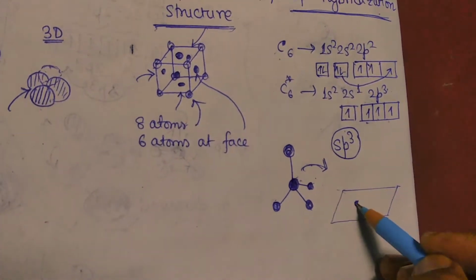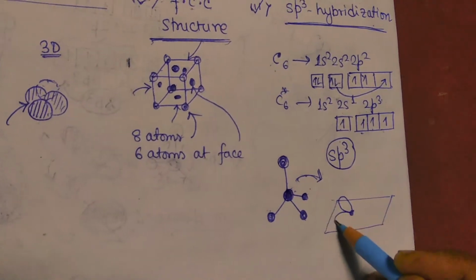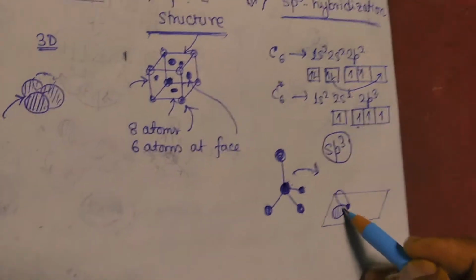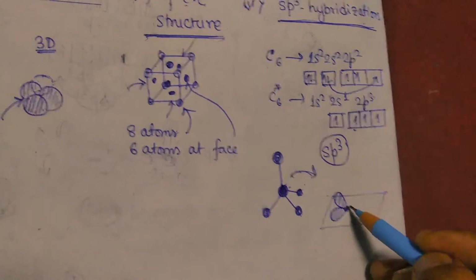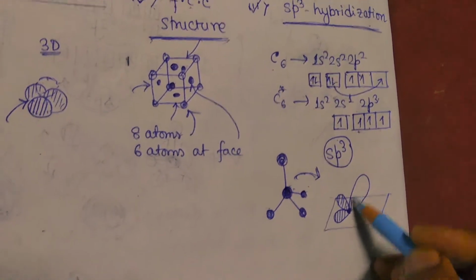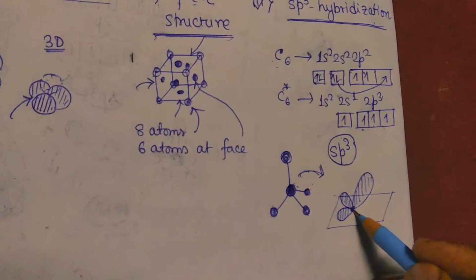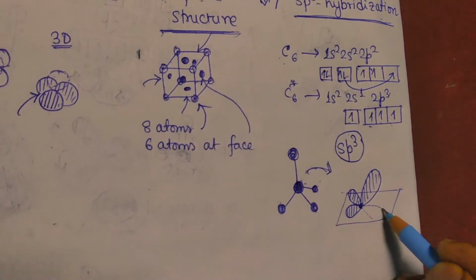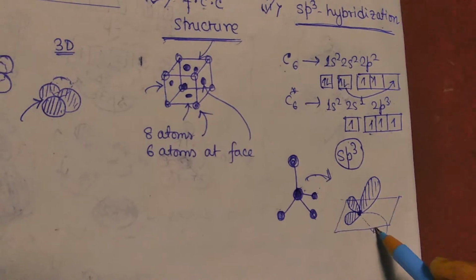In this plane, two of the lobes lie here, one on the upper side and one on the lower side.